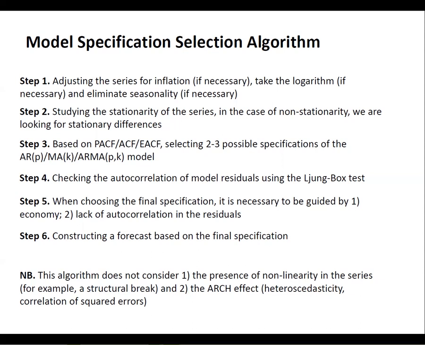Therefore, here you have to find this line, which model is better. You can feel it only through experience, in practice, when you build various models, see the results of forecasts from them, and understand what this or that criterion is worth in terms of economy or in terms of autocorrelation of the residuals. The 6th step is to build the forecast with the final specification of the model.